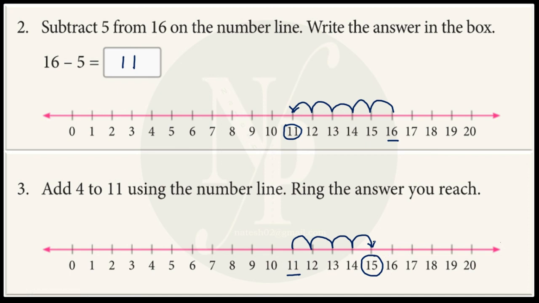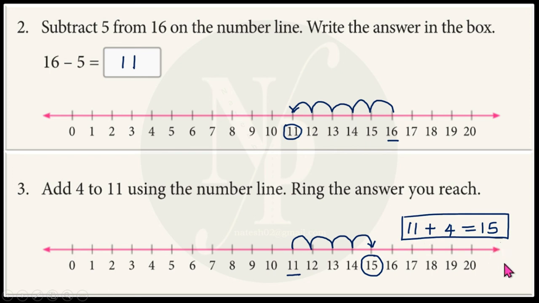So the same may be written in terms of numbers and symbols as 11 plus 4 is equal to 15. This is what we have done using this number line. We have added the number 4 to 11 and we have obtained 15 as the sum.